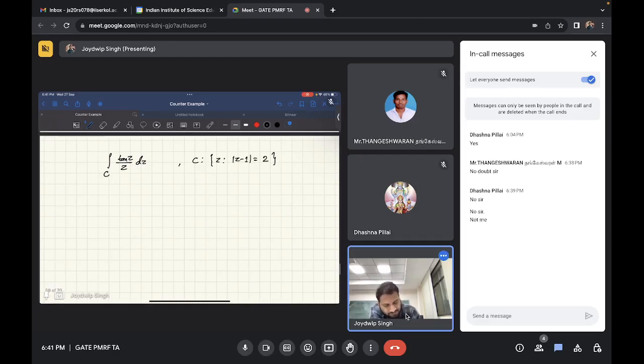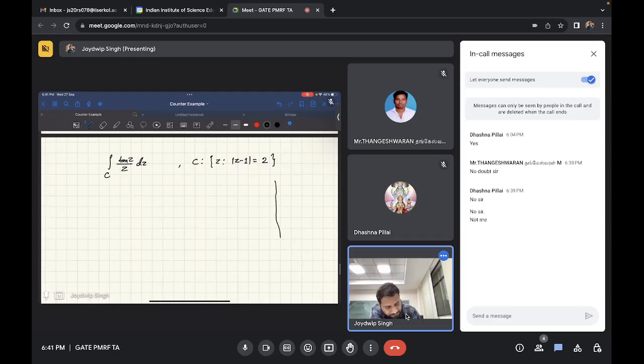So what is this contour? Let's call this point 1. Then you have to take a circle of radius 2. So what are the poles for tan z by z?